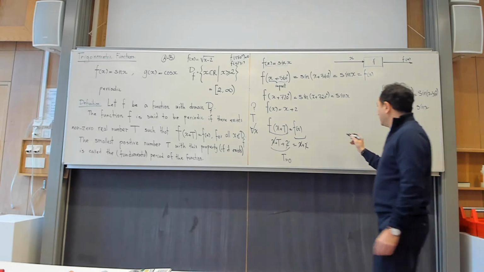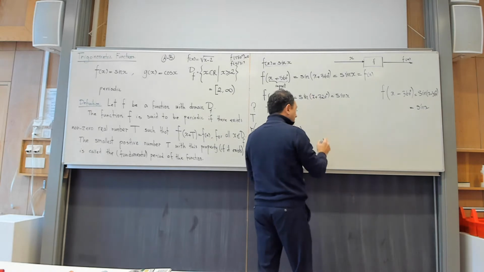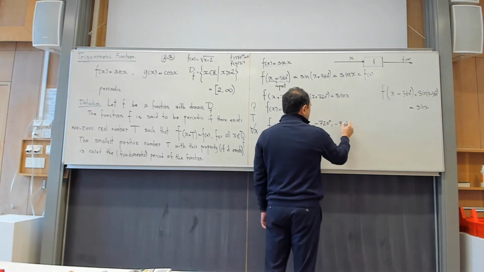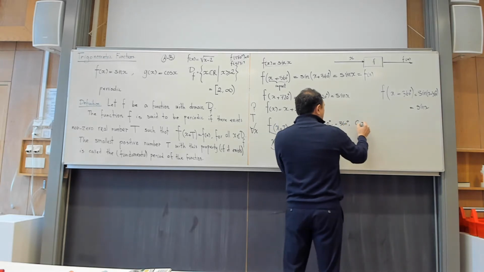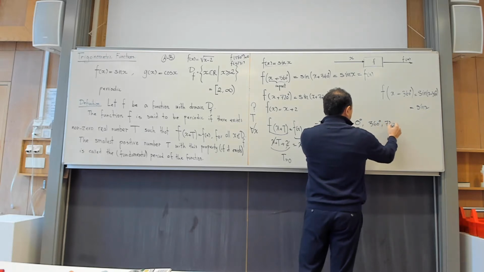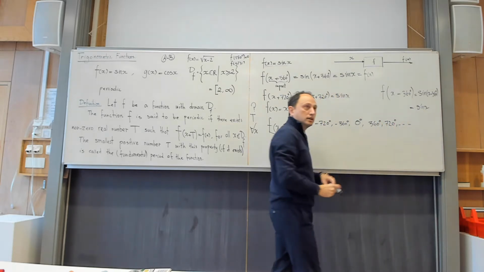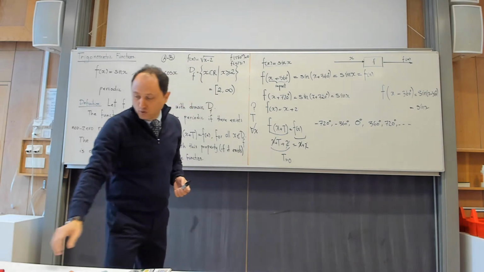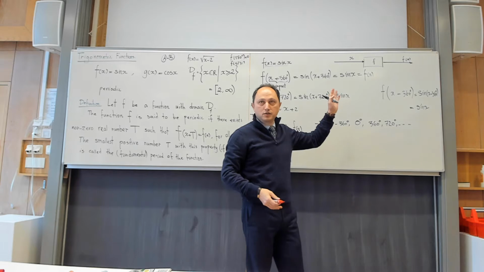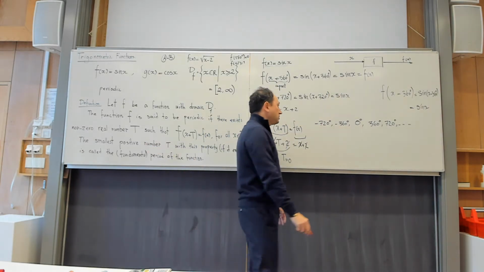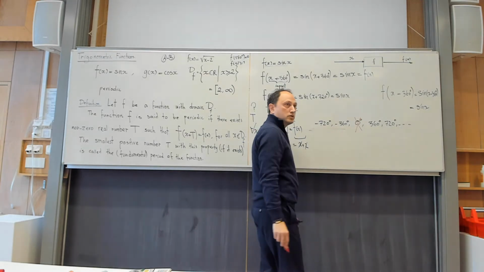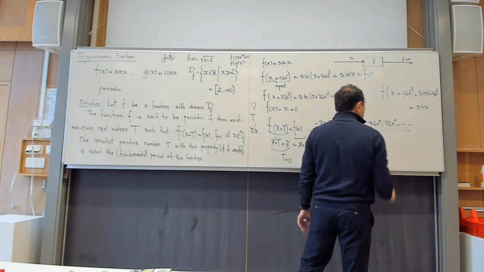So for example, if I want you to write a list, I would say minus 720 degrees, minus 360 degrees, 0 degrees, and then 360 degrees, 720 degrees. I get a long list of possible numbers. But of course, let me exclude 0 because this works for all functions, not just for this one. So this is why we excluded that.